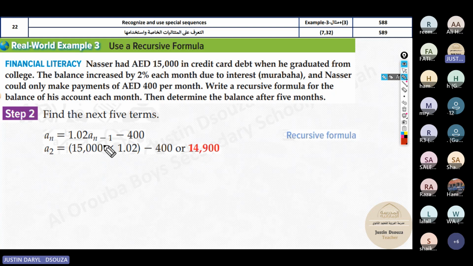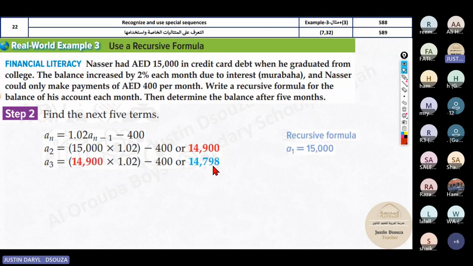Why? Because 15,000 times 1.02 minus the payment. Though he pays 400 dirhams, 300 would be the interest. So the interest of 2% would be a huge amount. So 300 dirhams is the interest and it keeps on building up. This is after first month.